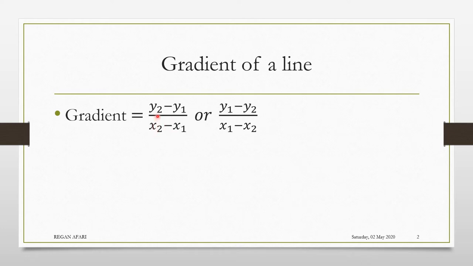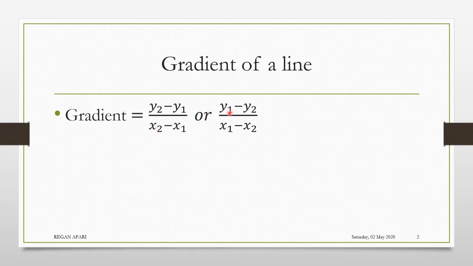So this is it. It is the change in the y divided by the change in the x. It doesn't matter how you find the change, but one thing is really important. If you state y2 minus y1, then you should divide it by x2 minus x1.